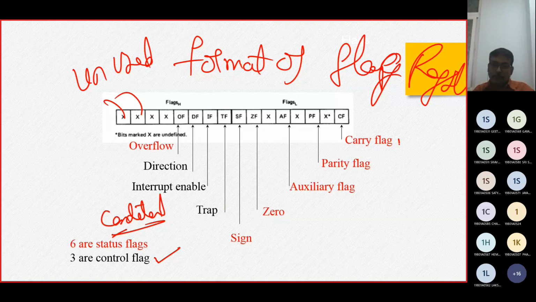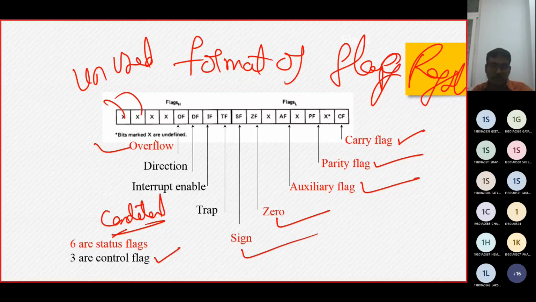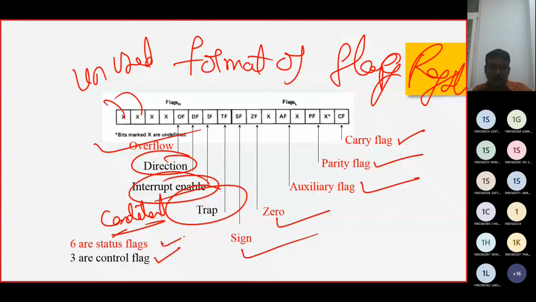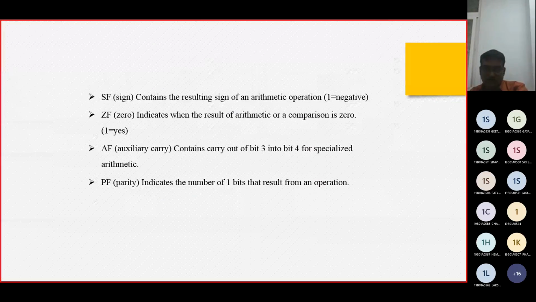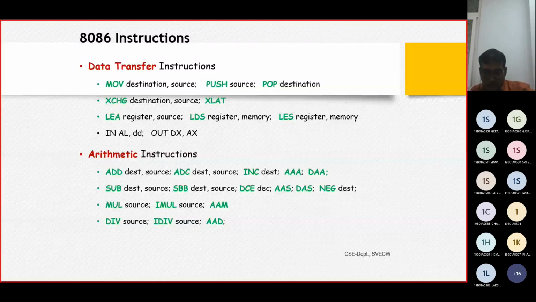There will be carry flag, parity flag, auxiliary carry flag, zero flag, sign flag, and overflow flag. So they are going to call it as status flags or conditional flags. The direction flag, interrupt flag, and trap flag, these items we are going to call them as control flags. So we have already made enough discussion in yesterday's class. So this is all regarding the memory segmentations and etc.